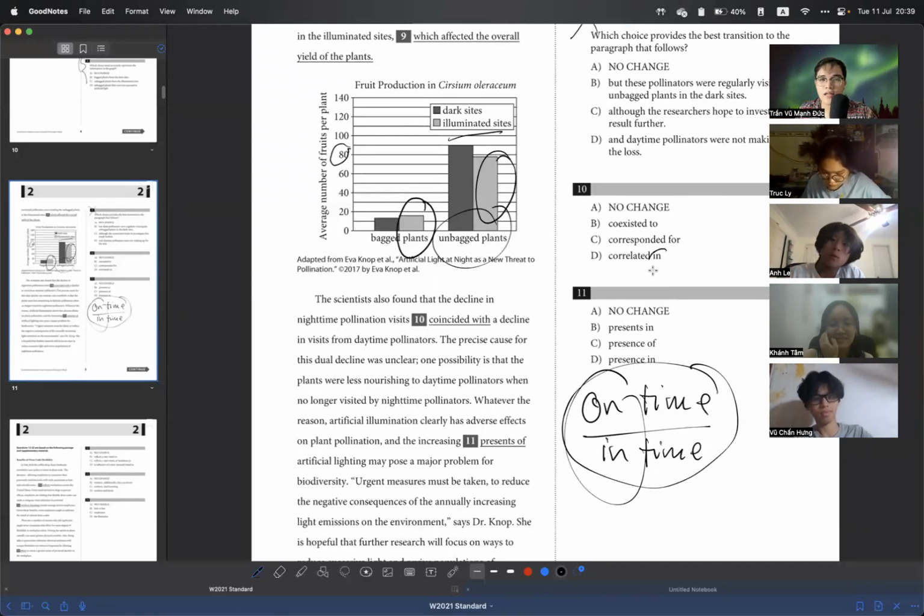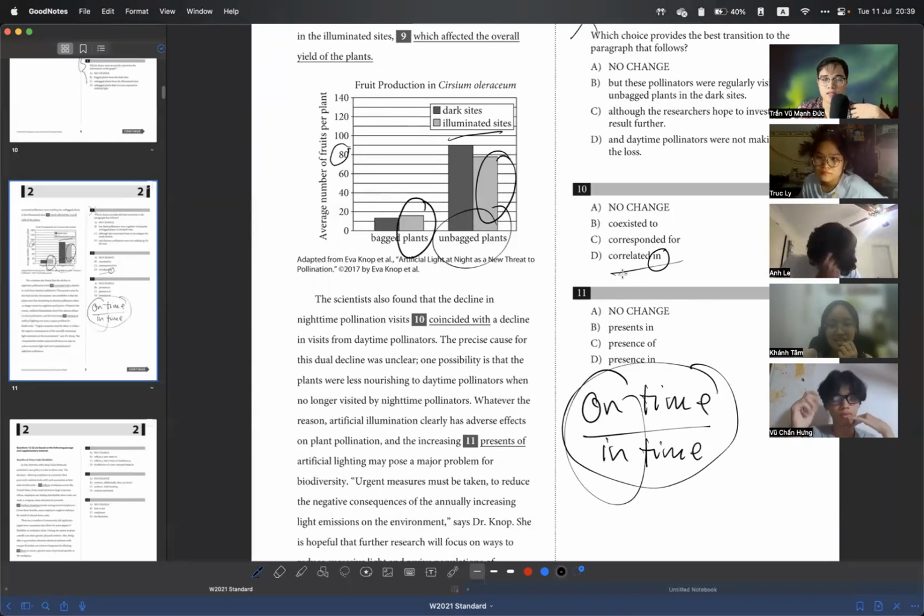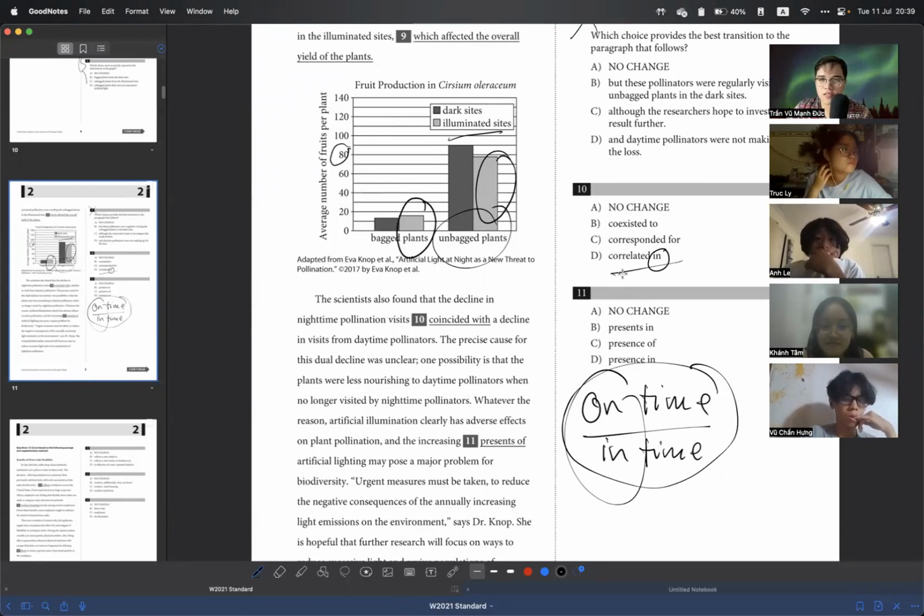So correlated in and correlated with are very different also. When you've read enough, you would know what is right and what is wrong, and you don't necessarily have to remember everything. But I suggest, this is what you should do: every time there's a sentence like this, look them up.